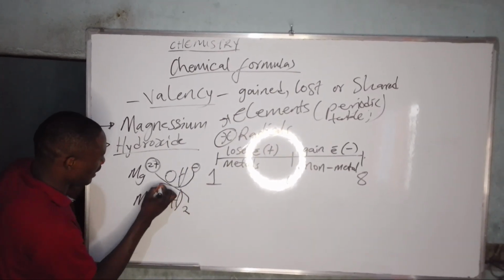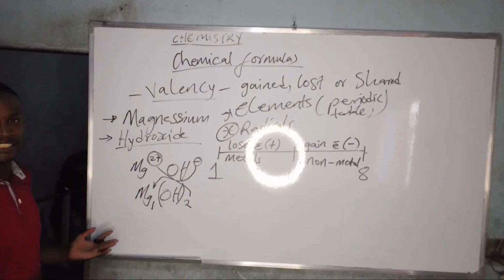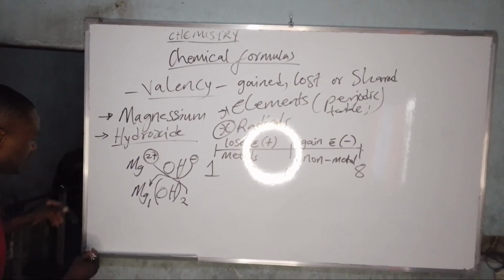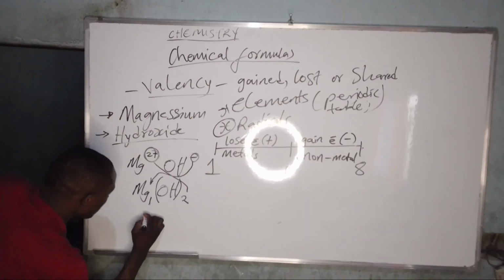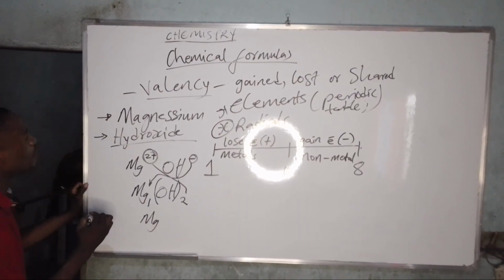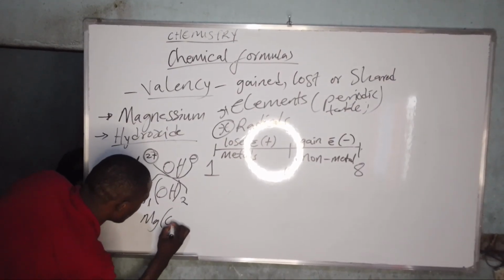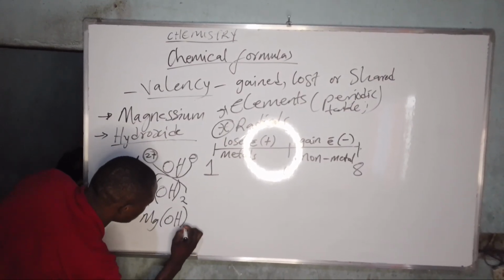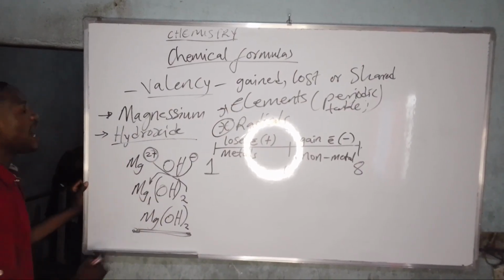So we'll get this one and put it there. Now, 1 doesn't change anything in multiplication, which means we are going to just ignore it, but it is there. So we'll say the final formula for magnesium hydroxide will be Mg open bracket OH close bracket 2. So this is the formula for magnesium hydroxide.